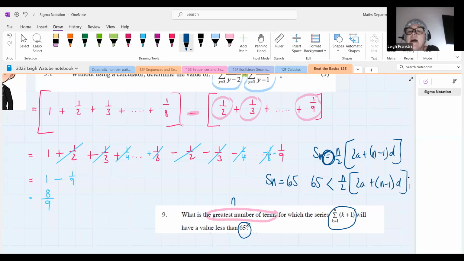If you are solving for n, the greatest number of terms, you need to know what the a and the d are. That's all I'm going to say. I leave it with you.